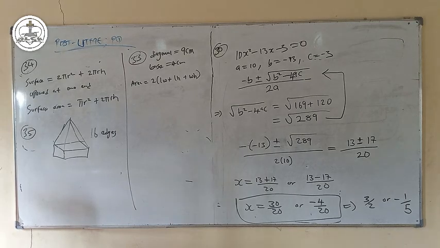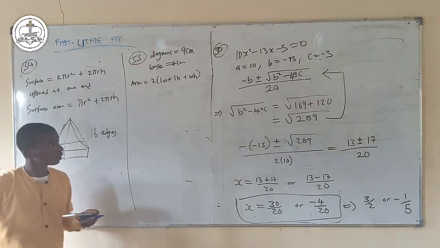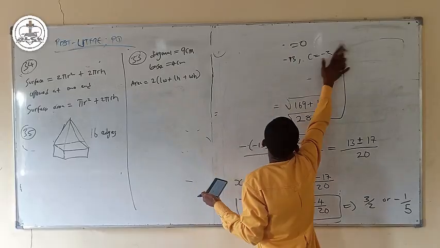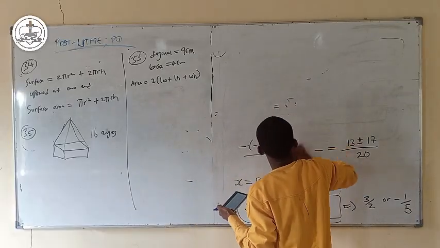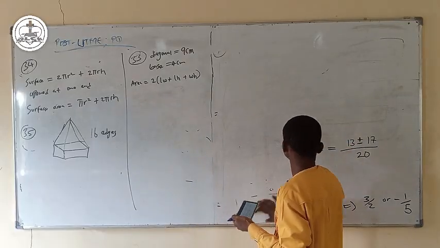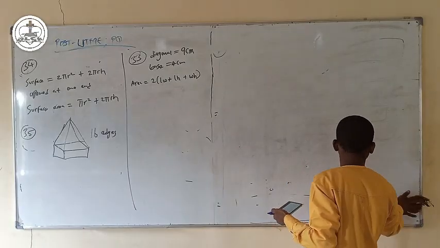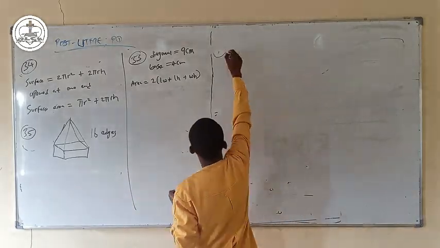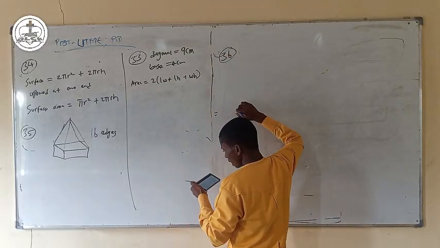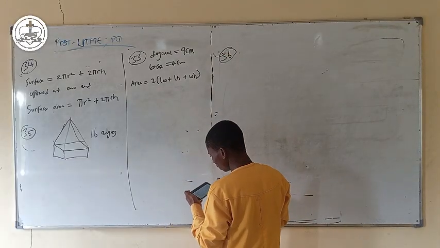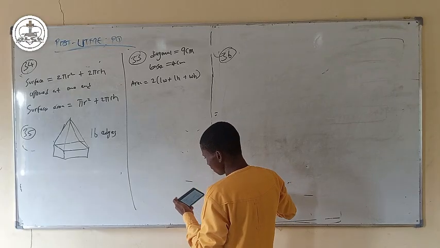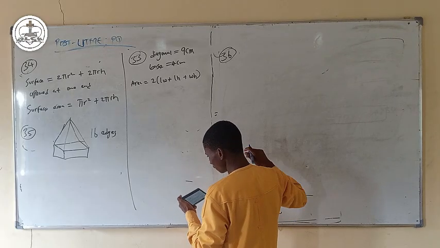For 36, question number 36, we have a rectangular picture 6 cm by 8 cm enclosed by a frame half centimeter wide.